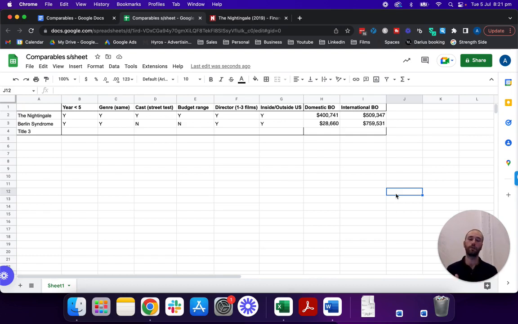So you might find an article that references how much it was sold to one of those streaming platforms for. But if you can't find it, unfortunately that data is not out there, and there's really not much you can do to find those figures. It's just not available. Now, that's basically the process of how you find comparables and find the numbers.